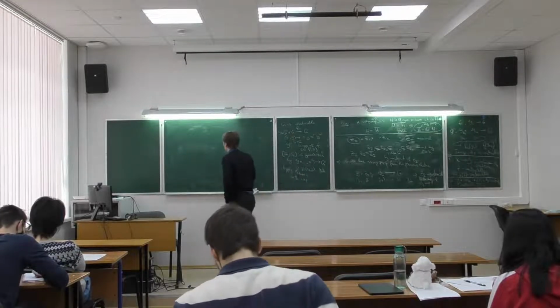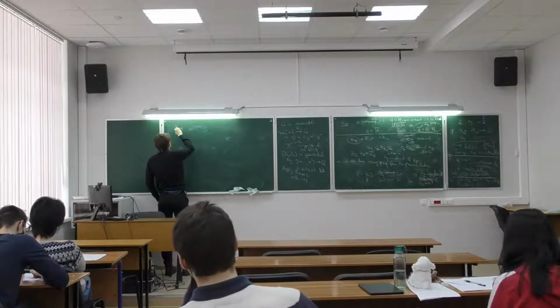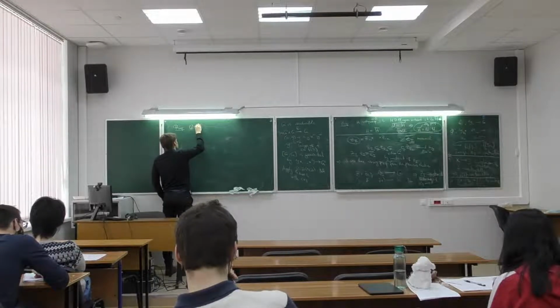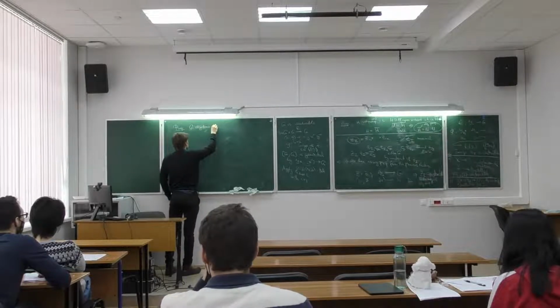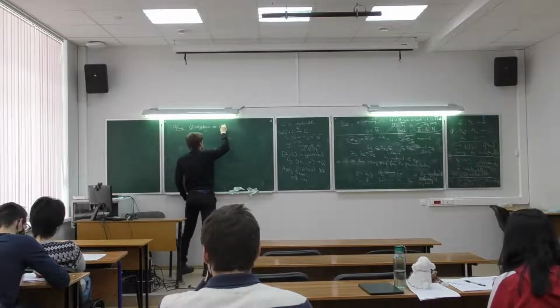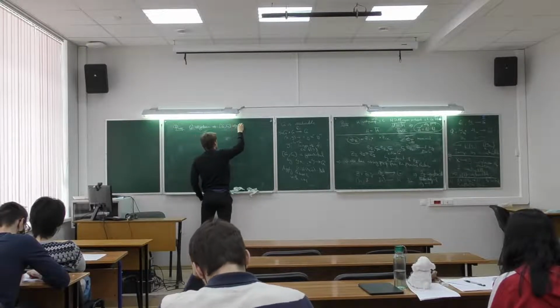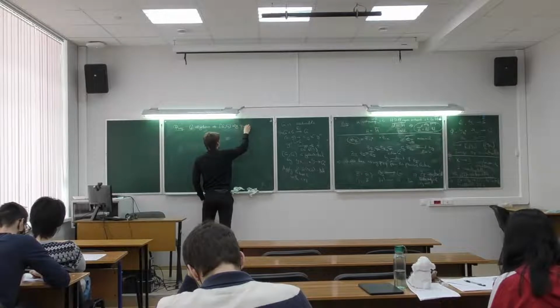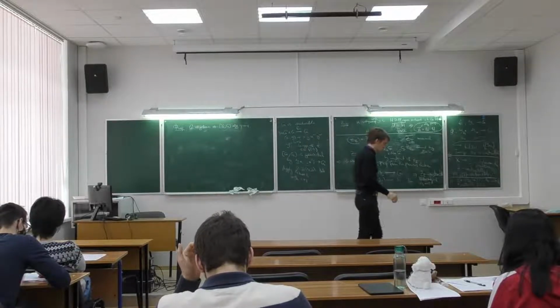So in general, there is of course a proposition that if G is algebraic, then the commutant is also an algebraic group. It is more complicated.